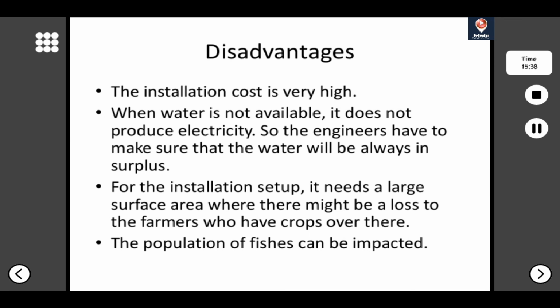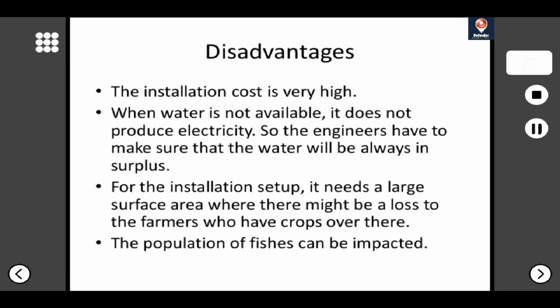So if the rain fails or some water is not present, this power plant cannot produce electricity. So this may be one of the main disadvantages of this power plant.